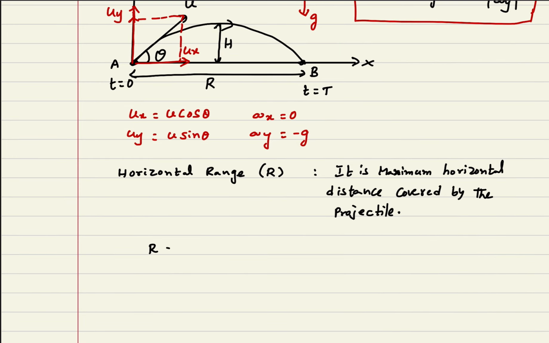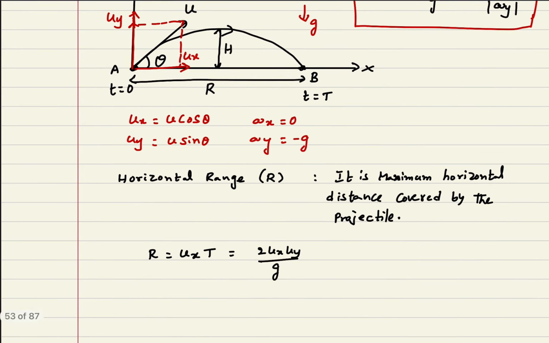This range R can be written as ux into time of flight, or you can write it as 2 ux uy divided by g. You can write it as 2 into u square sin theta cos theta divided by g. We can write u square sin 2 theta divided by g also.